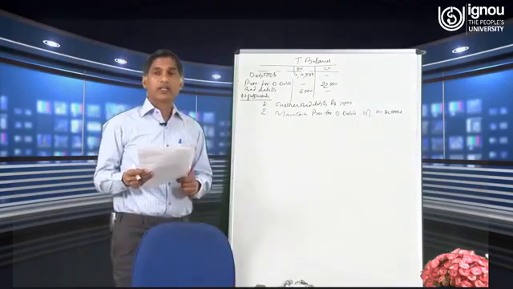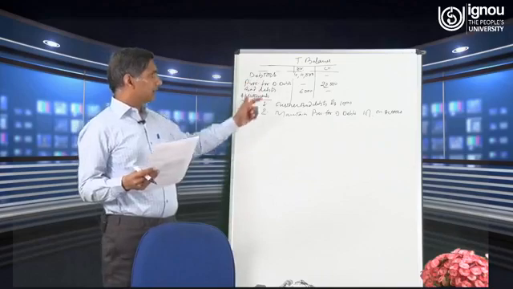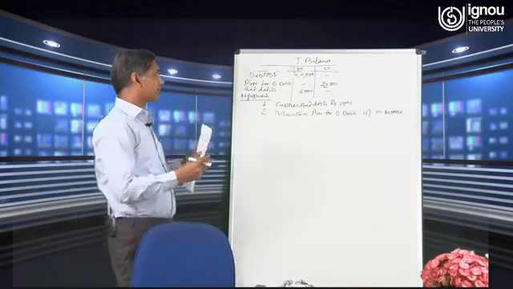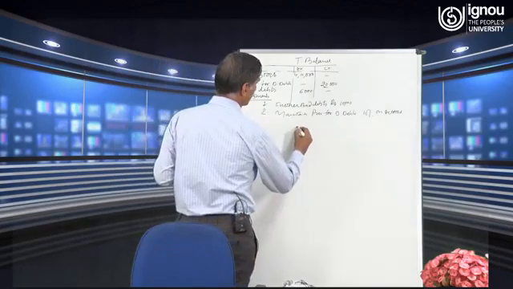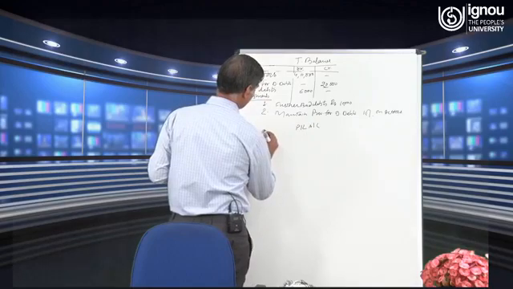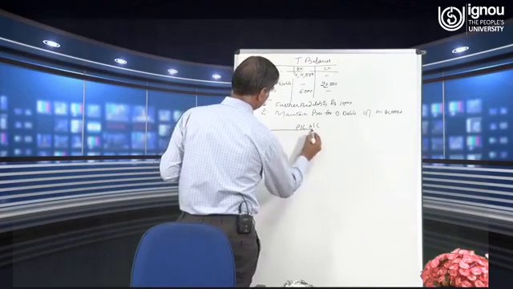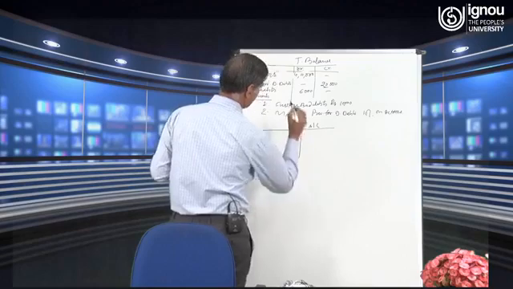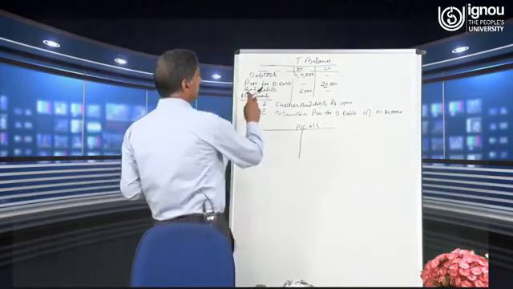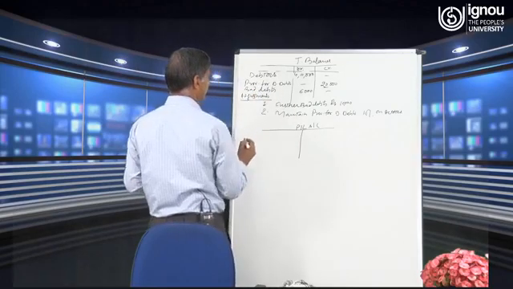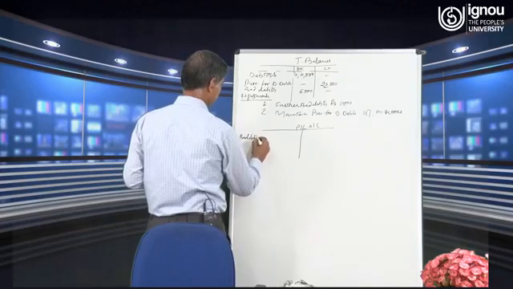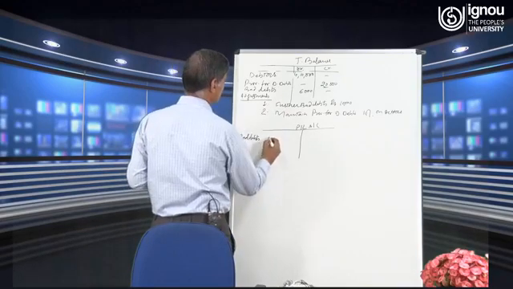So here the treatment of provision for bad and doubtful debts would be, first of all, in the profit and loss account. So here the bad debts, bad debts 6,000 rupees.